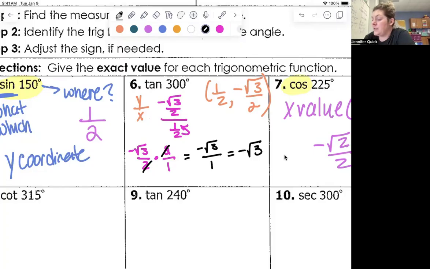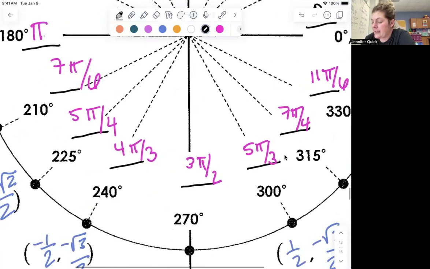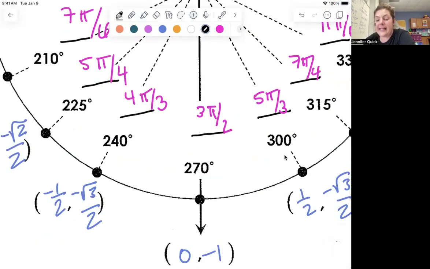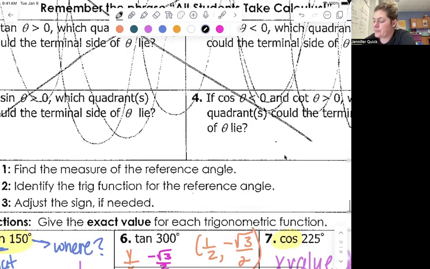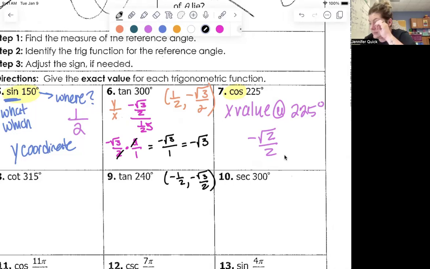Okay. 240. So if I go up to 240, I have negative 1/2 and negative square root 3 over 2. That's almost the exact same thing, but we're going to do it anyway. So again, I'm looking for the y over the x. I'm going to do the negative square root 3 over 2 over negative 1/2.